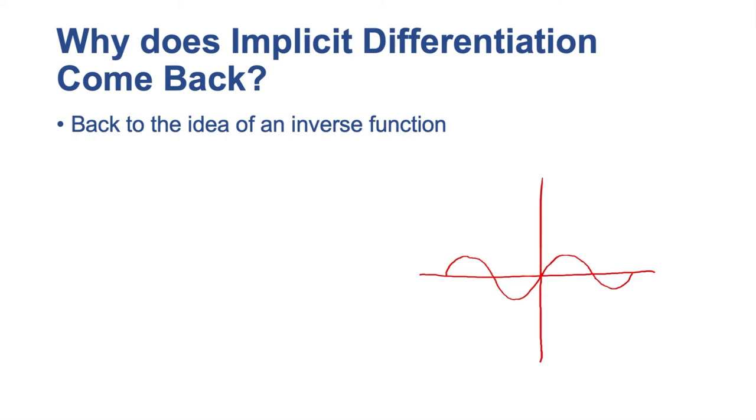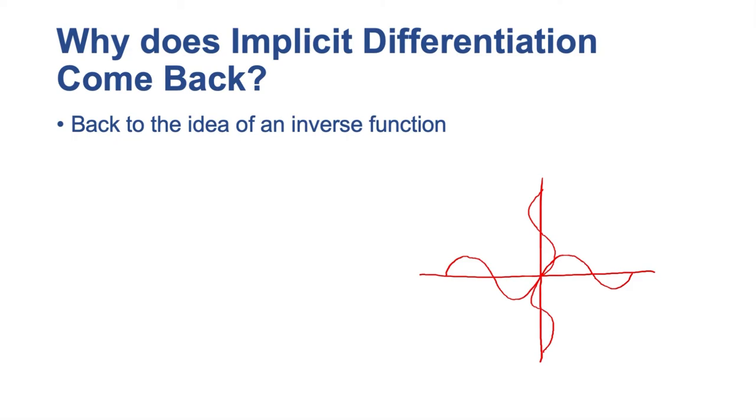And you may have noticed what our inverse function is: it's going to be reflected across the line y equals x, and we're going to get a function that looks something like this. Or not a function. This one will not be a function because it doesn't pass the vertical line test, if you may have noticed. So we have a relation here. We have a sine wave about the y-axis.